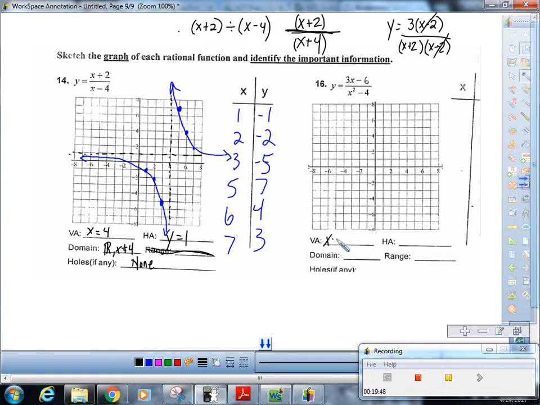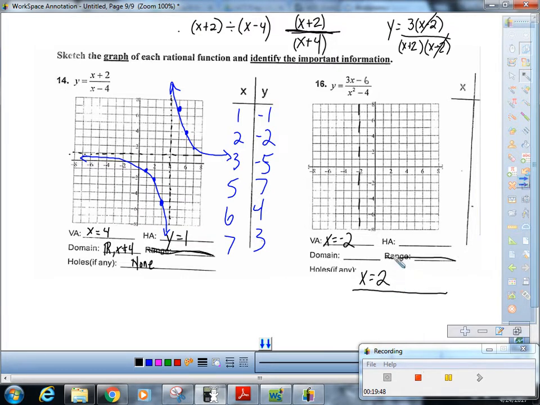So x equals negative 2 is an asymptote. Let me go ahead and dot that on before I forget. Okay? Whereas a hole would be this one. So there's a hole at x equals 2.